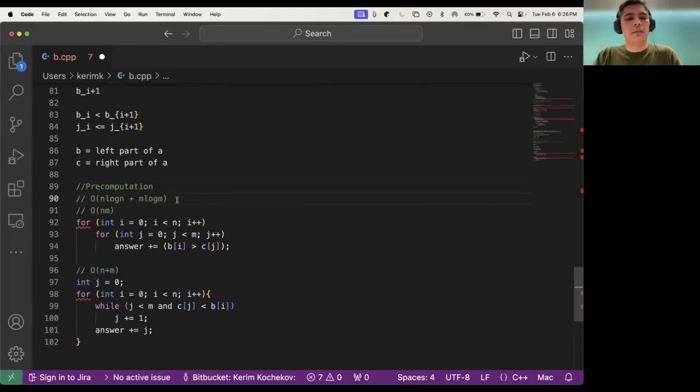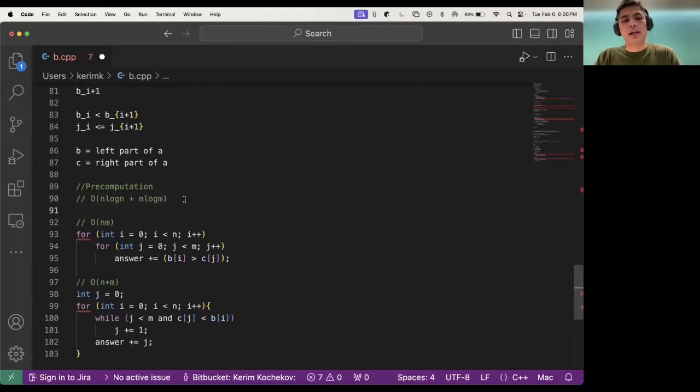So this will be an extra cost that we need to handle. But if we want a linear solution, we would be happy if B and C come sorted to this part of the algorithm, and so we can have the linear time algorithm.